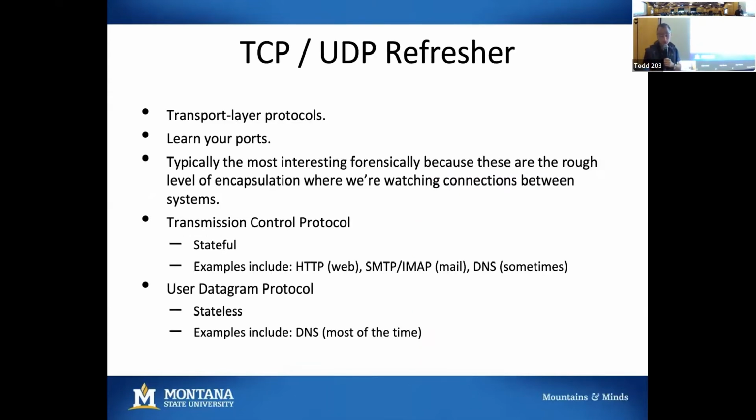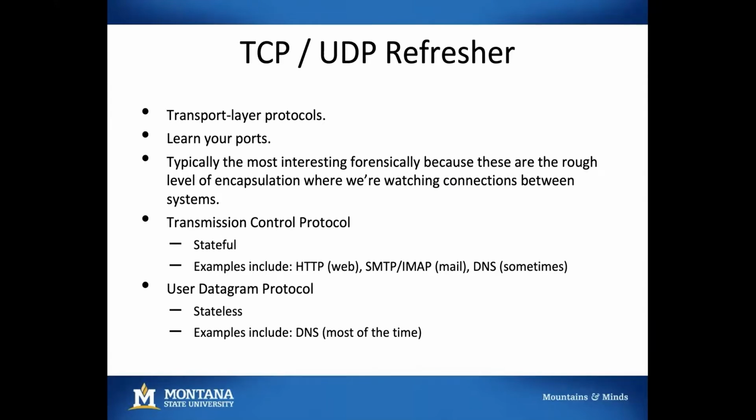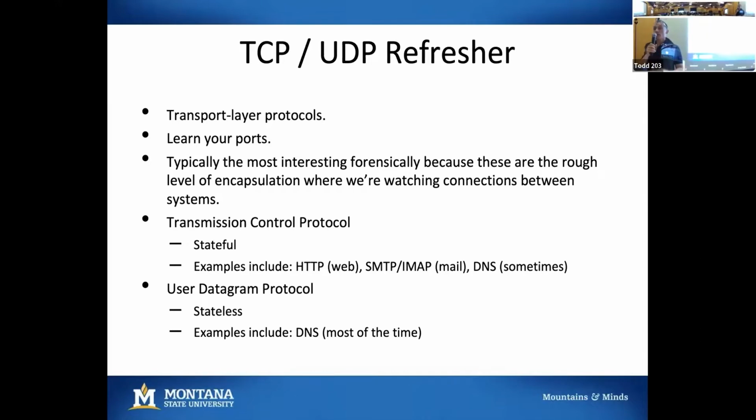Okay. A little bit of a TCP/UDP refresher. These are two of the most common protocols that are used. UDP, the User Datagram Protocol, is stateless. We don't care about the order in which things go. Sometimes packets are dropped. Again, I'm not going to go into all the details of TCP.